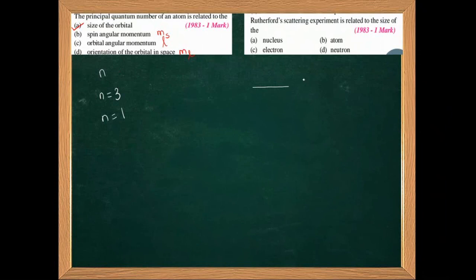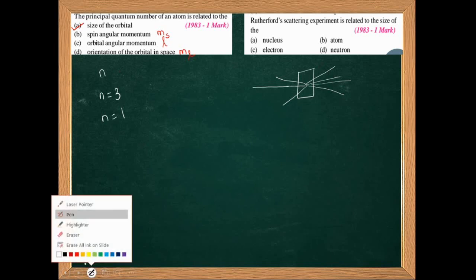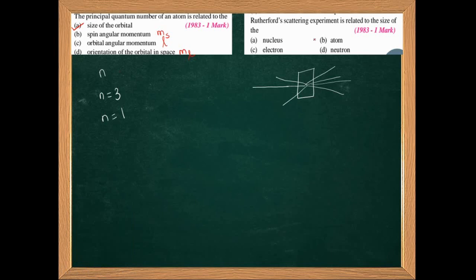Because alpha particles were bombarded on a thin film of gold foil, and these alpha particles were scattered at various angles, and some were also scattered back. So what does this scattering experiment tell us about? It told us about the atom, explaining the size of the atom.